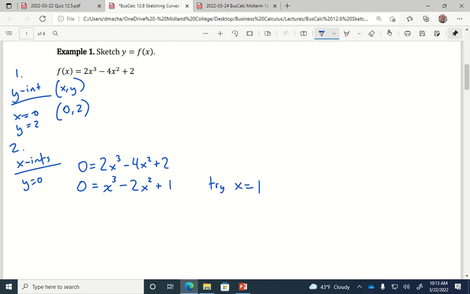And so just by taking a wild guess, setting x equals 1, I found one of the roots of this cubic. So I know that I have one x-intercept at x is equal to 1. That's one of them. So at x is equal to 1, my coordinate pair would be (1, 0) for one of my x-intercepts.